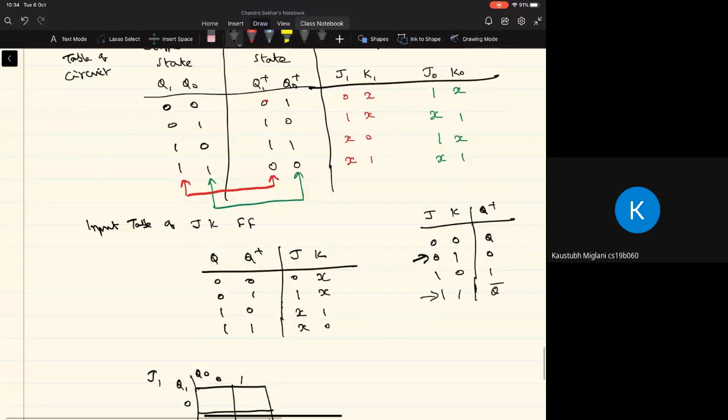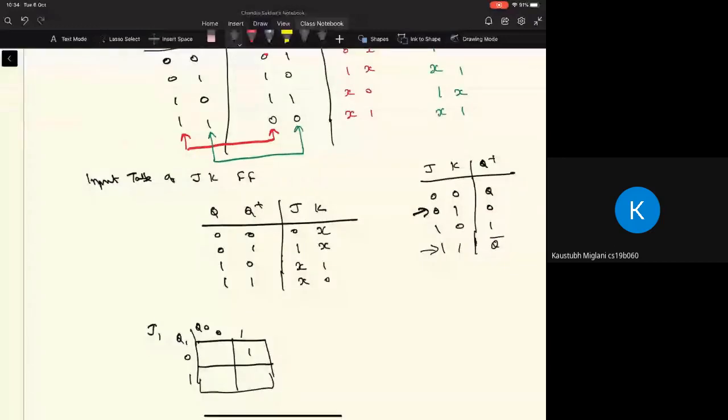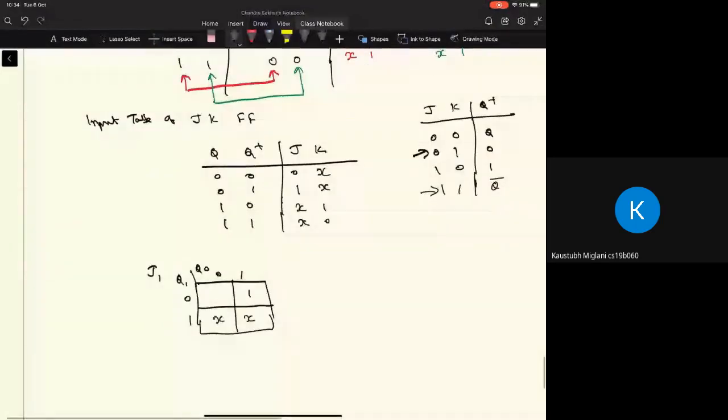What is the truth table for J1? It says that it is 0, 1, XX in terms of Q1 and Q0, right? So we have 1 here for the combination of Q1 and Q0, 0, 1, right? And 1, 0 and 1, 1 are X, right? So what is the expression for J1 now in terms of Q1 and Q0?